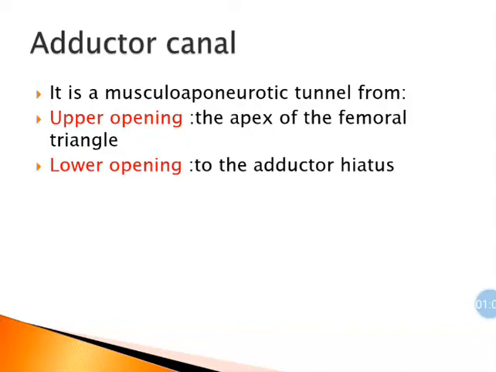It has two openings. It is a musculoaponeurotic tunnel starting at the upper opening, that is apex of the femoral triangle, and ending at the lower opening, that is formed by adductor magnus hiatus.